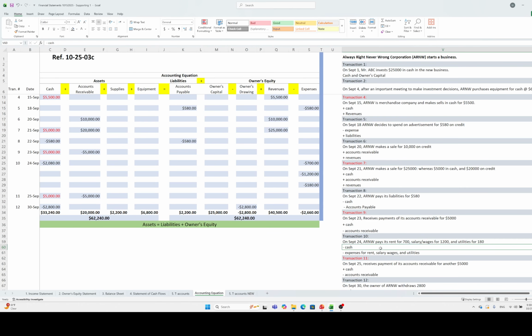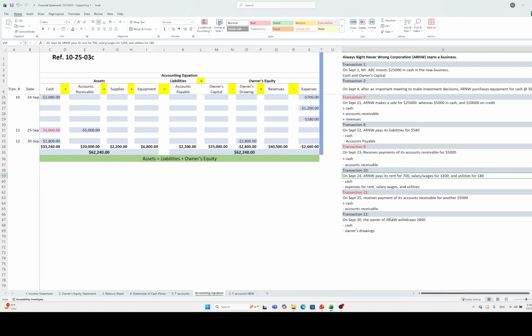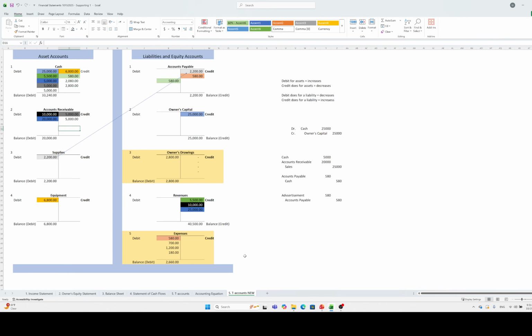And then transaction number 10, the company pays $700 for rent, wages for $1,200, and utilities for $180, and it is paying in cash. So basically all these accounts are paid in cash, so the expenses are debited, and we paid $2,080.